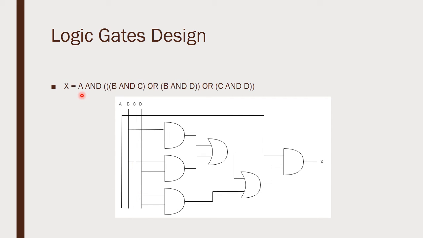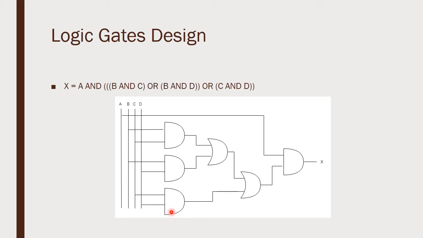The first term is A, so connect to A and come out. The next is B and C, so I connect from B and C, and it goes into an AND gate. The next is B and D, going into another AND gate. Then C and D, going into another AND gate.